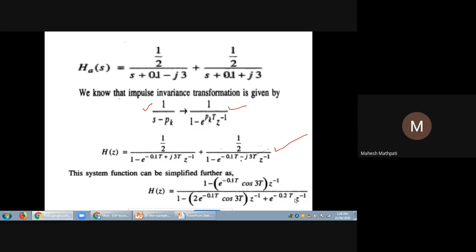Hope you all have noted that. Yes, sir. It is 1 minus e raised to minus aT cos bT z inverse upon 1 minus 2 e raised to minus aT cos bT z inverse plus e raised to minus 2aT z raised to minus 2.